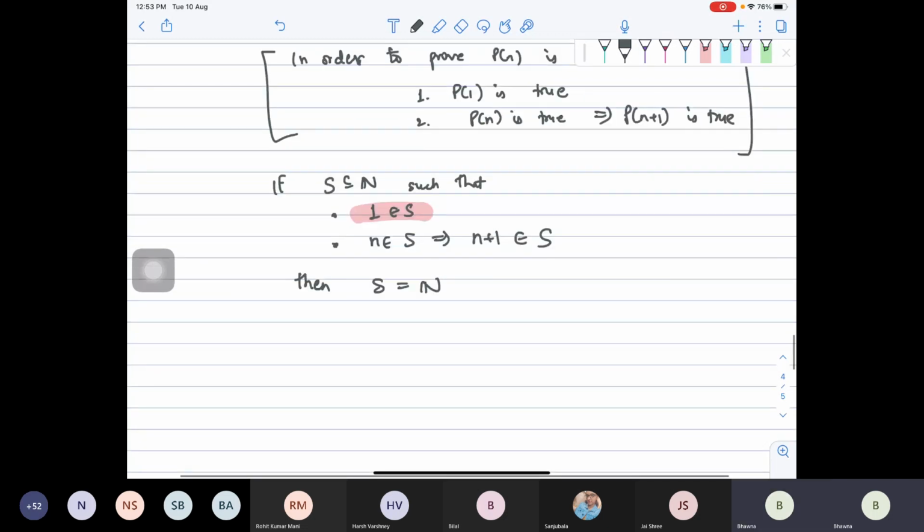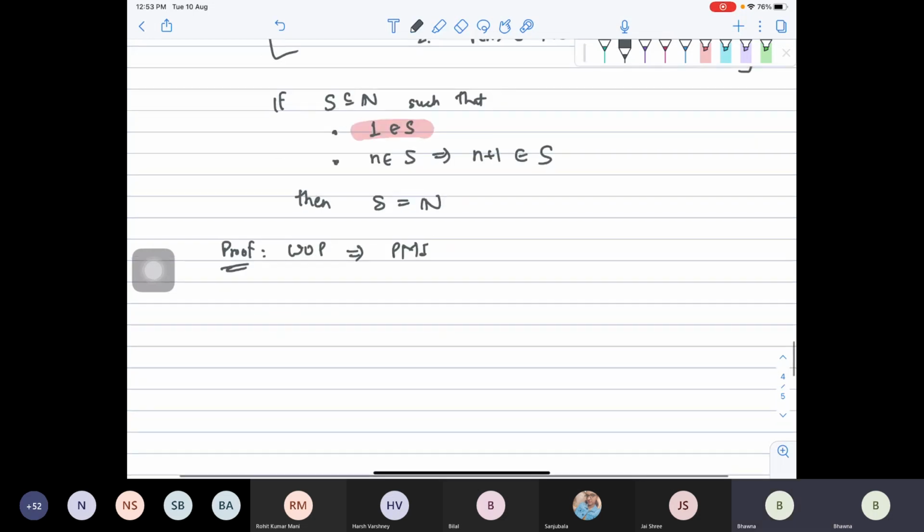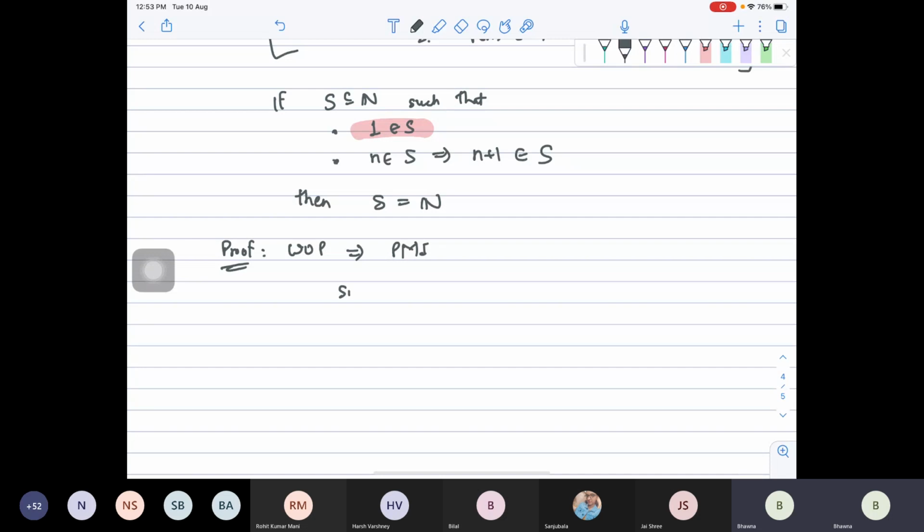Now we can easily prove PMI using the well ordering principle. Well ordering principle implies PMI. How? Suppose S is not equal to N. Then S is a proper subset.